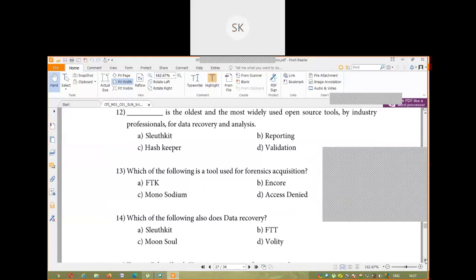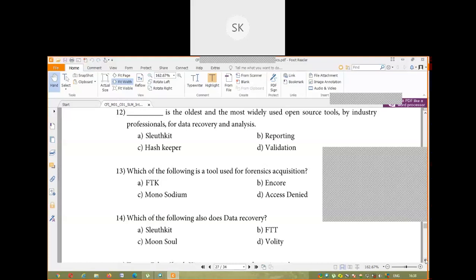Which of the following tools is used for forensic acquisition? Yes, most are right. FTK.